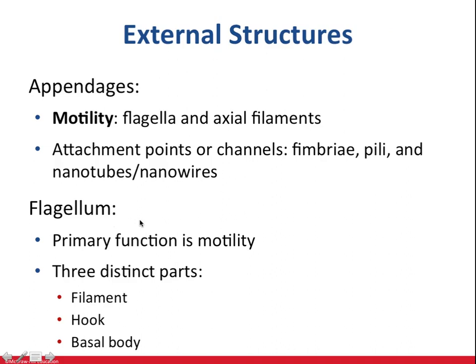The external structures provide the motility for the bacteria, and also provide the function of attachment to external materials such as stone, glass, and biofilms. As we have talked about, the flagella provide the motility, also the axial filament.